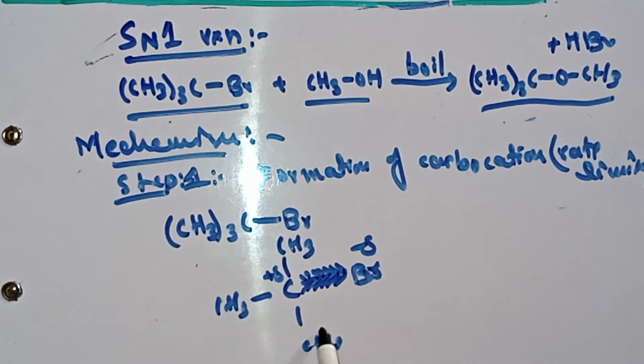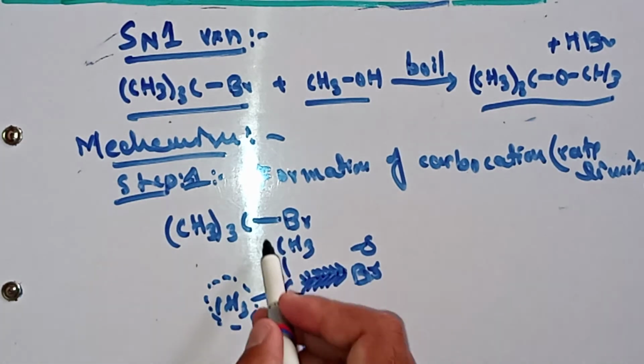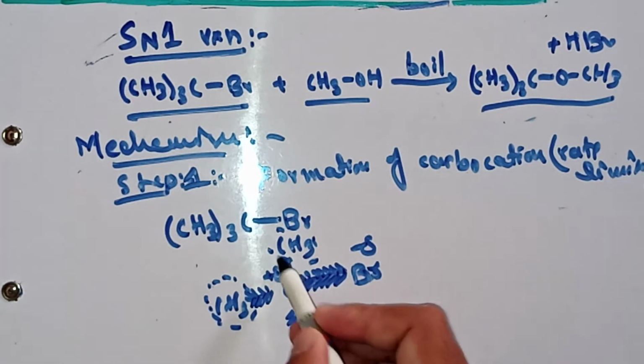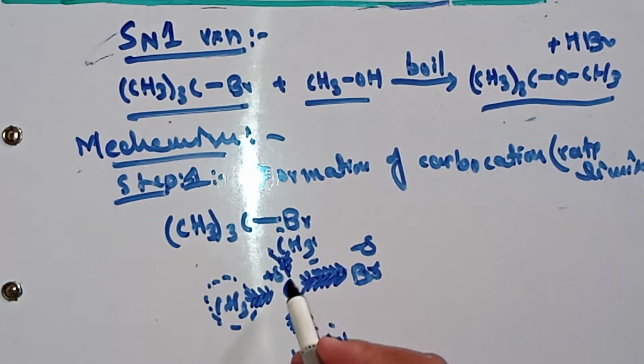But these bulky alkyl groups, these methyl groups, donate electrons toward this carbon, so the electron deficiency on this carbon will be reduced. Due to this increase in electron density, the removal of bromine will become easier.